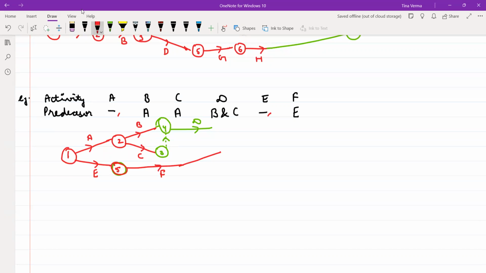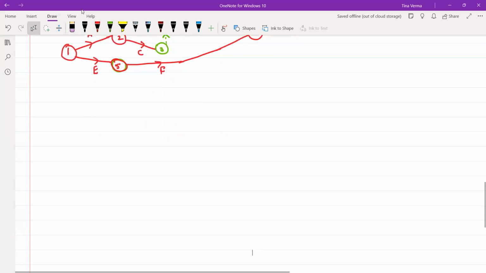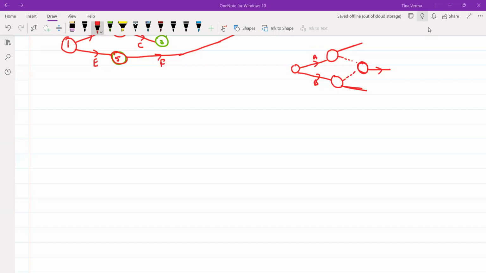No, it should be ending at one destination. Is it clear? Yes or no? Any doubt in construction of a network? So next is your earliest starting time.